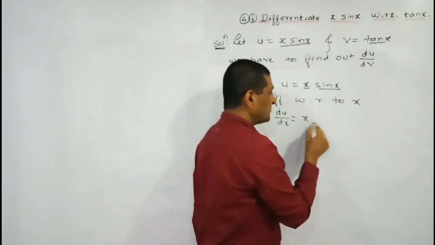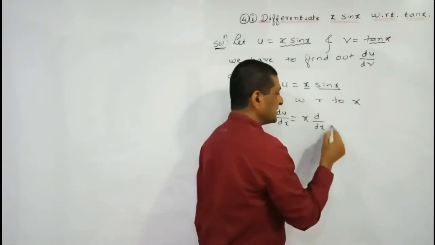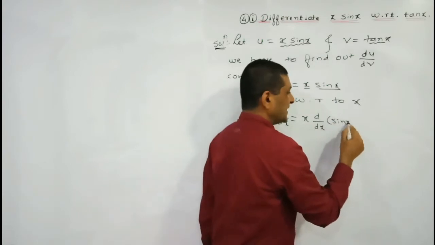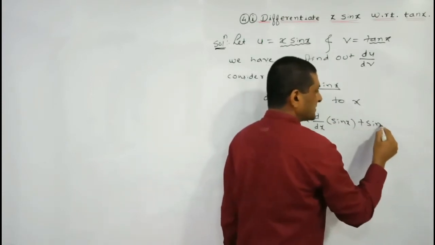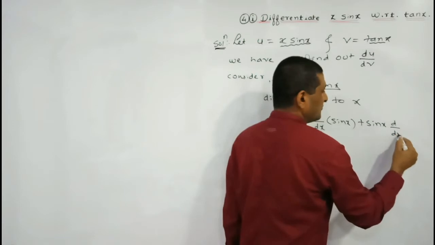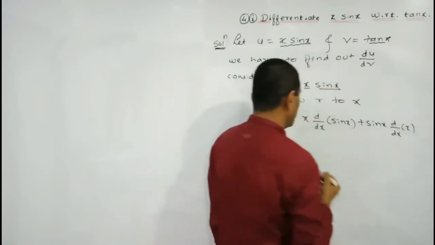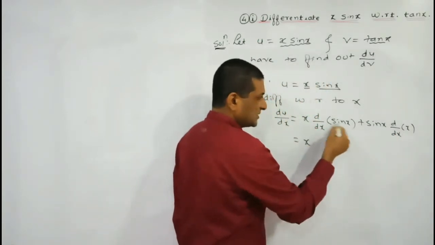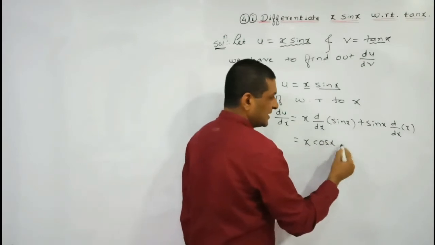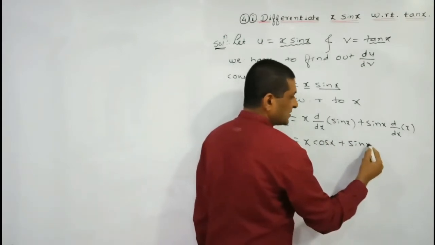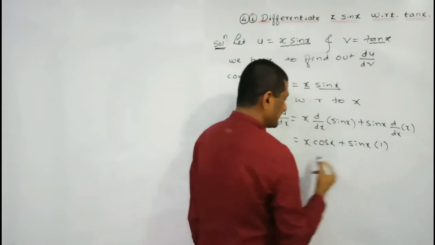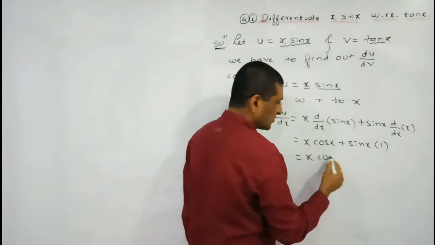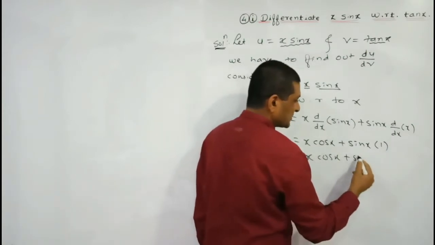According to the product rule, keep the first term as it is, times the derivative of the second term, which is the derivative of sine x, plus the second term, sine x, as it is, times the derivative of the first term. What is the first term here? x. So which is equal to x as it is, derivative of sine x is cos x, plus sine x as it is, and the derivative of x is 1. So which is equal to x cos x plus sine x.